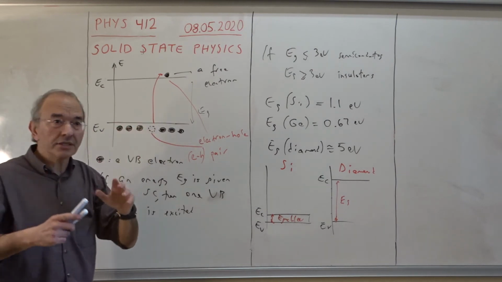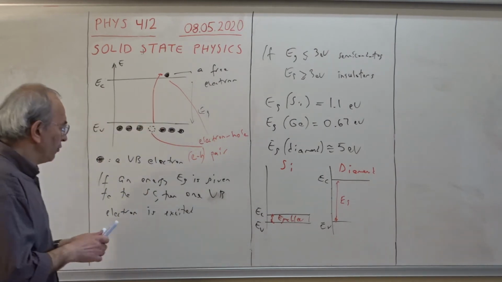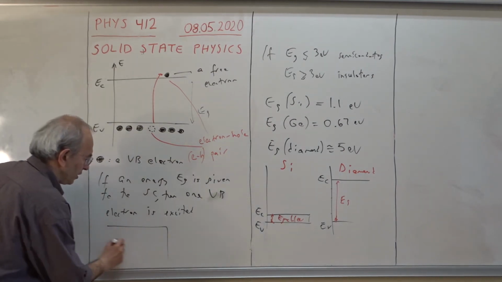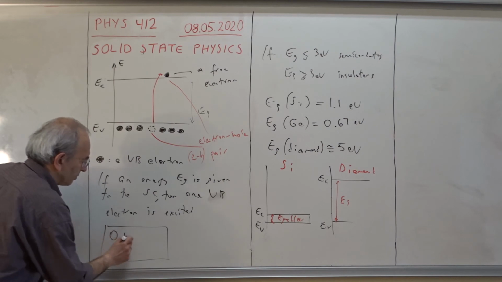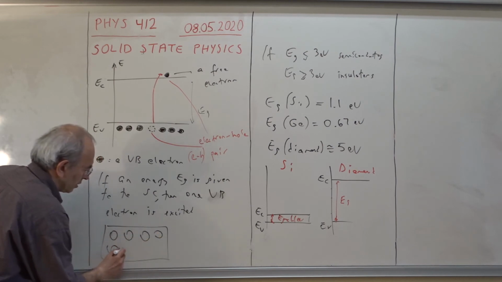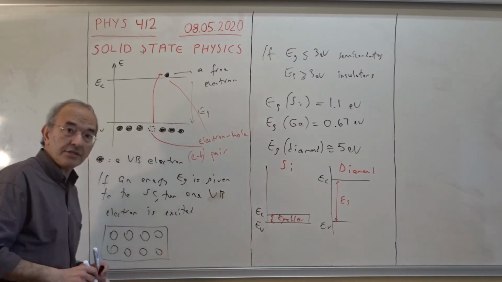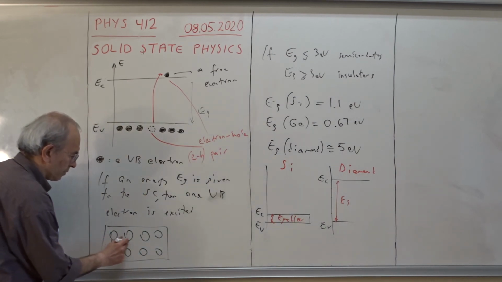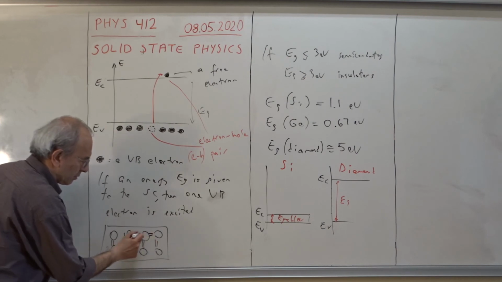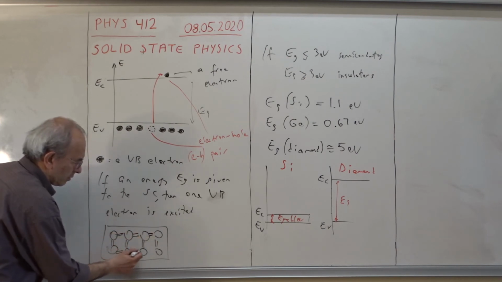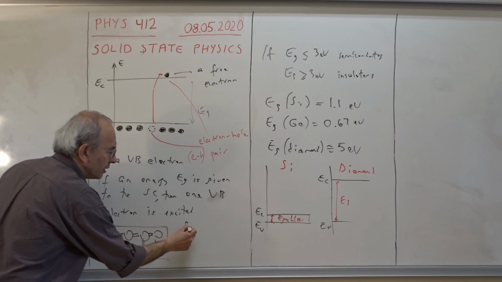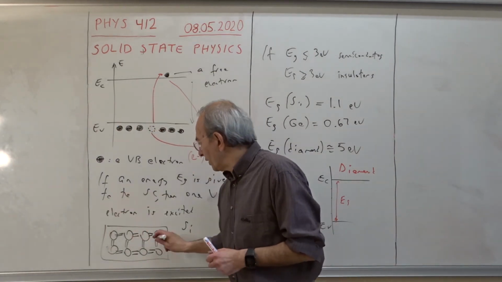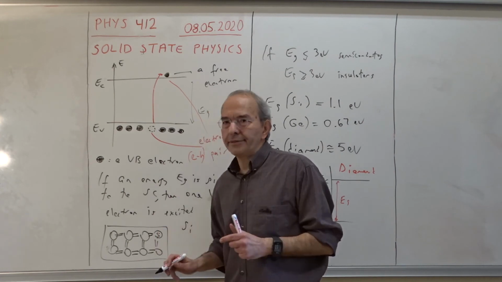What happens to the crystal by this operation? For instance, as I've drawn previously, we have these atoms, and these atoms are connected by bonds. Let's assume this is the silicon crystal, and each circle is a silicon atom.